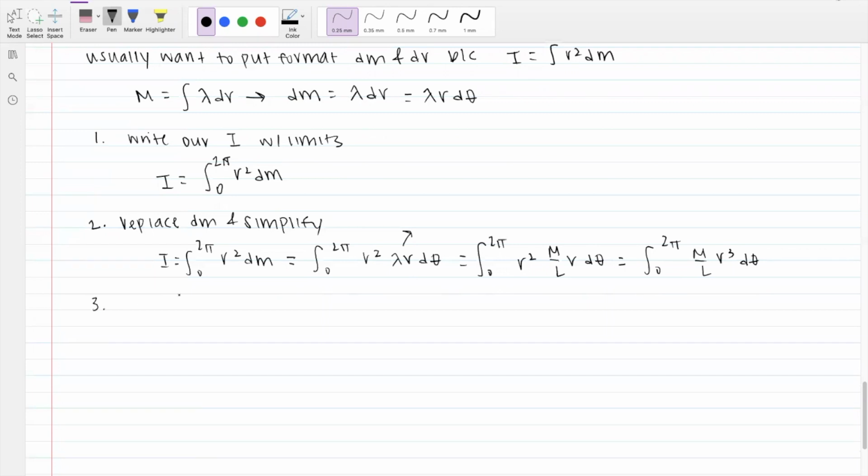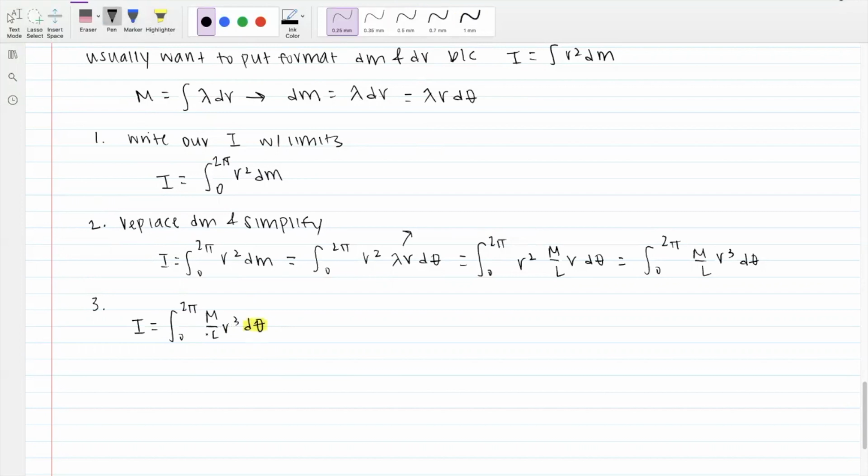And now we are going to complete the integration with respect to the limits. So moment of inertia is the integral from 0 to 2 pi of m over L r to the third d theta. As you can see, the variable that we want to take the integral with respect to is theta, not r.